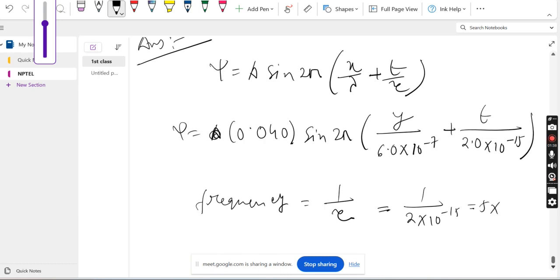This will be 5 into 10 to the power 14 hertz. This is the frequency. Next is the wavelength, which is 6.0 into 10 to the power minus 7 meter.